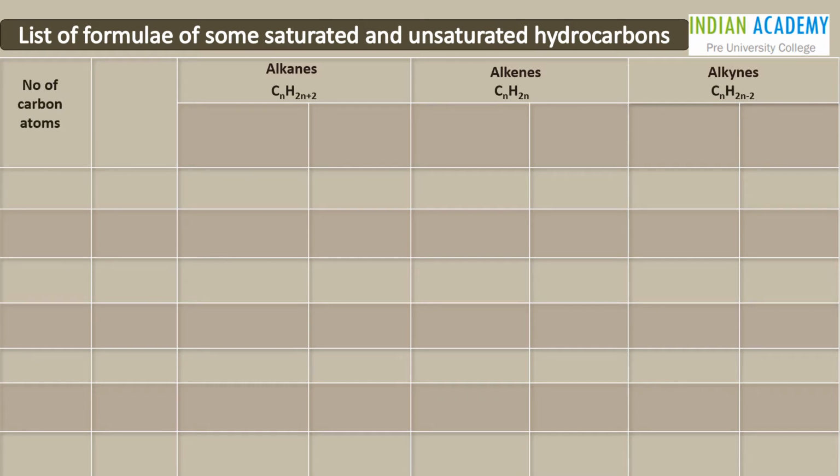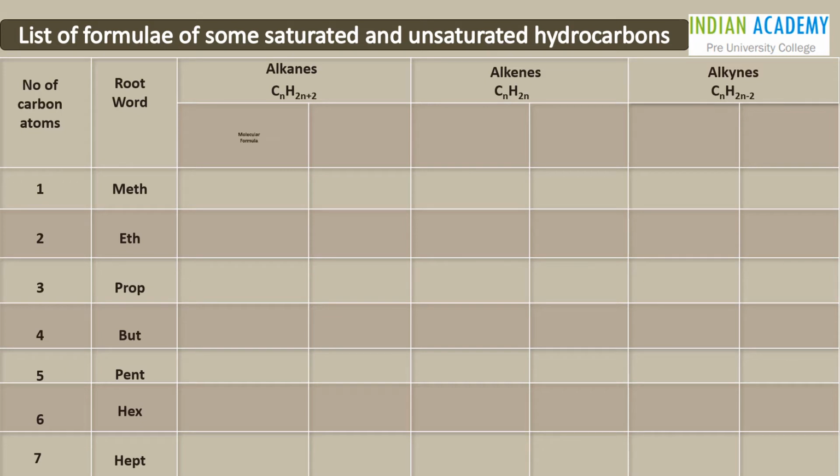You also need to know the root word to name the hydrocarbons. If the number of carbon atoms is 1, the root word is meth. If it is 2, it is eth. 3, prop. 4, but. 5, pent. 6, hex. 7, hept, and so on.